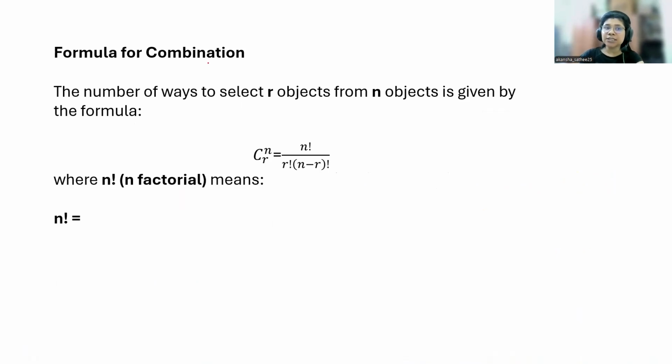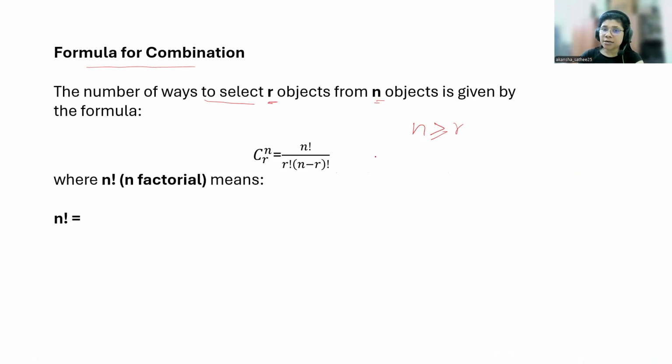So here is the formula for combination. The number of ways to select R objects from N objects. Here always remember N is greater than or equal to R. If you want to select R objects from N objects, it is given by this formula.